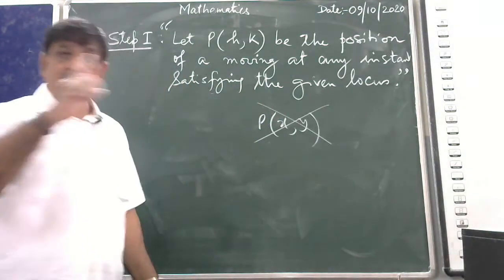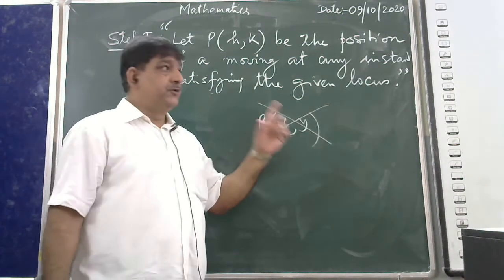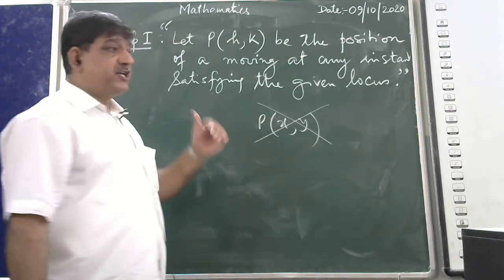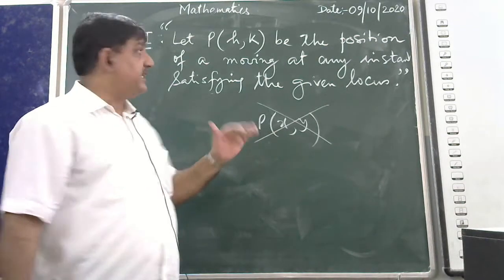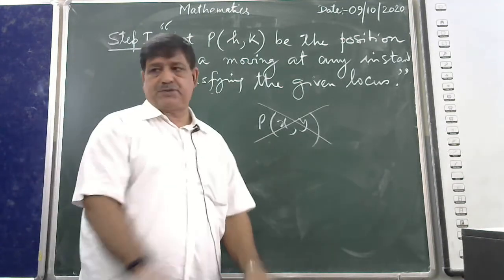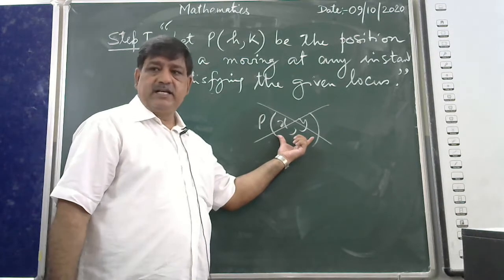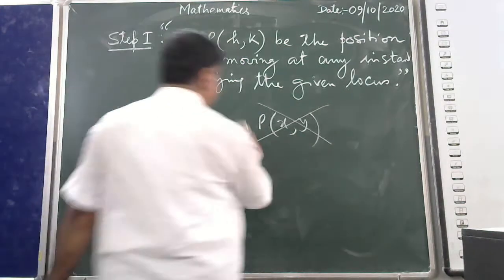This is a wrong way to find the locus. Do not take P directly as (x, y). Always try to particularize that point, and after taking the particular position, we have to impose the conditions. So, avoid writing P(x, y) is the moving point. Remember it. Now, step 2.